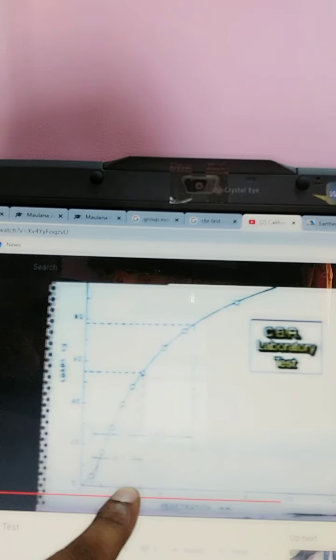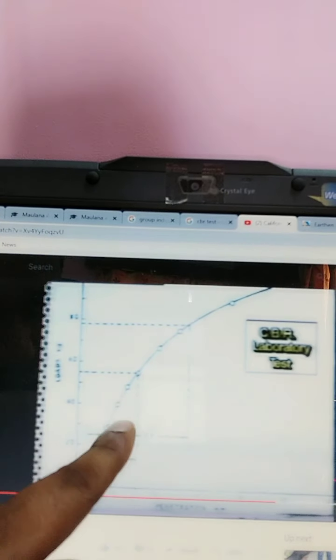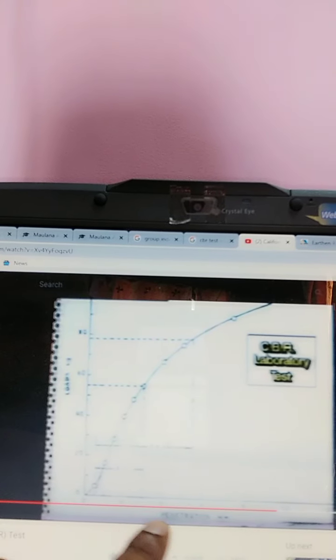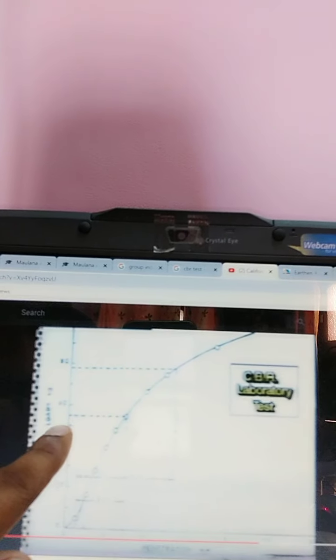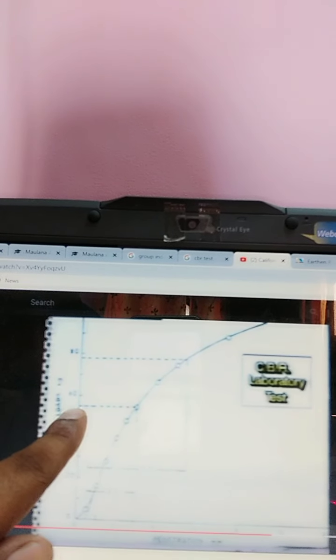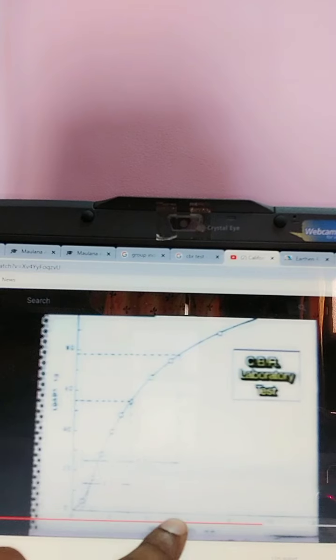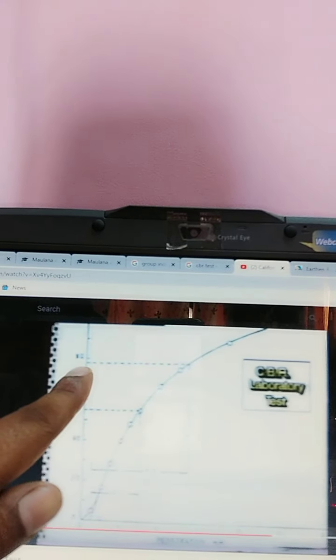Here will be 2.5 mm. Corresponding to 2.5 mm penetration, how much load is required, we will have to find out from the graph. And corresponding to 5 mm penetration, how much load is required, we will also have to find out from the graph.